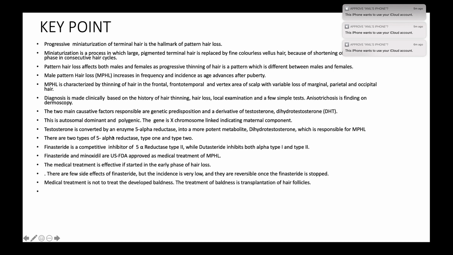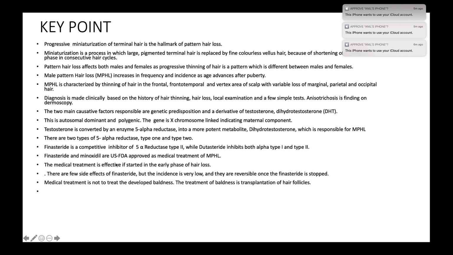Testosterone is converted by the enzyme 5-alpha reductase into a more potent metabolite, dihydrotestosterone, which is responsible for male pattern hair loss. There are two types of isoenzyme, type 1 and type 2. Type 1 is found in sebaceous and pilosebaceous glands, while type 2 is found in the prostate, dermal papilla and outer root sheath of the hair follicle.